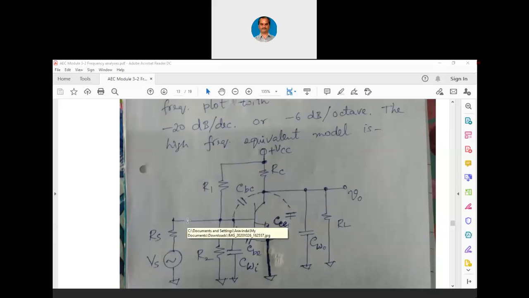Now you can see all the series capacitances as well as the shunt capacitances which were external, they are not shown in this model at all, because when these blocking capacitances are at the input at a very high frequency, X equals 1 over 2 pi fC, so f is very high, that X is very less, so we have shorted it here. Similarly, the output capacitance which was there at the collector, that is also shorted. Similarly, the emitter capacitance, also called the bypass capacitance, was shorted. That's all fine as far as high frequency is concerned.